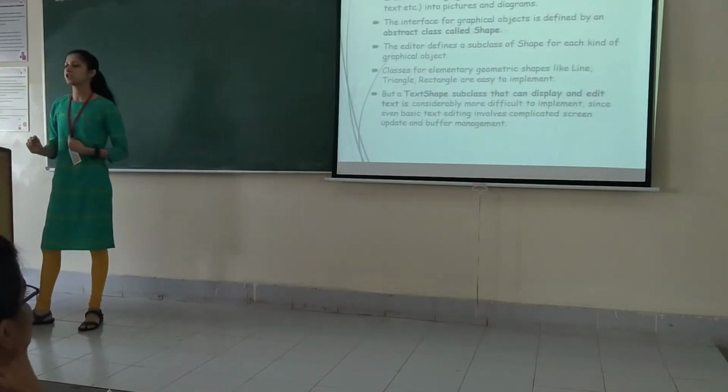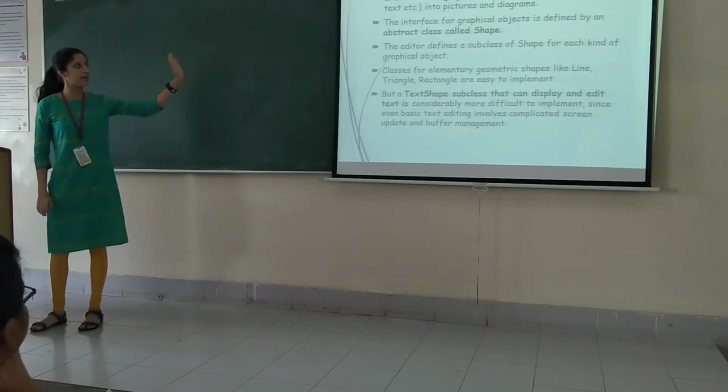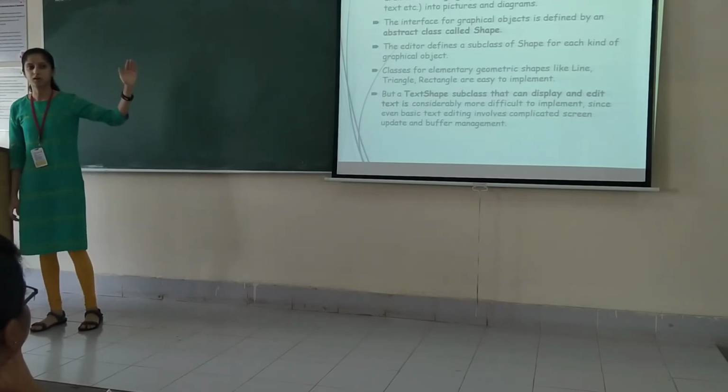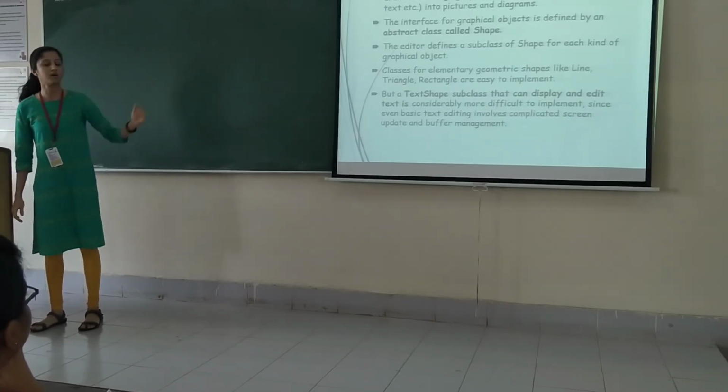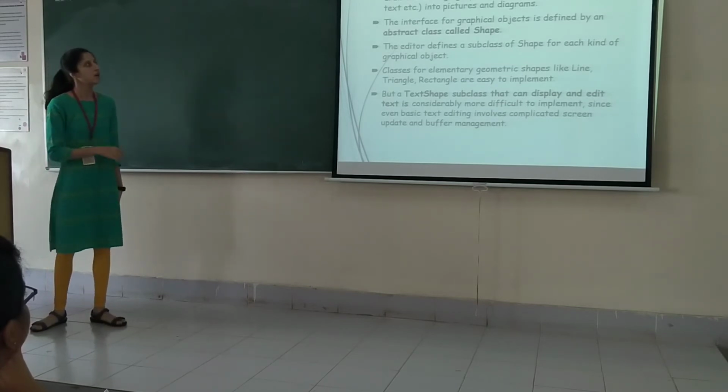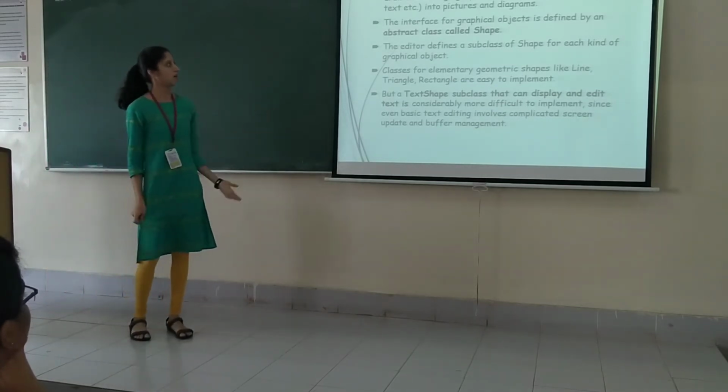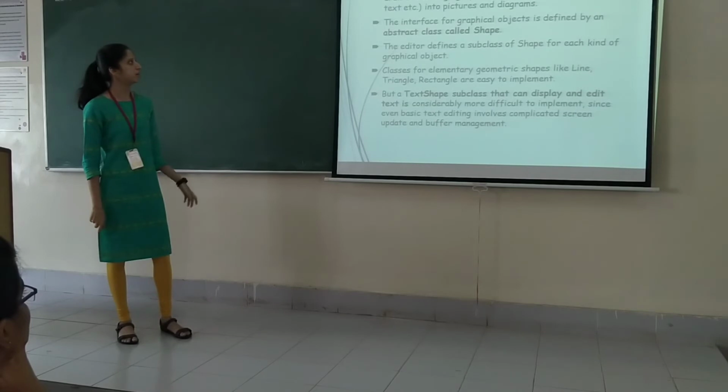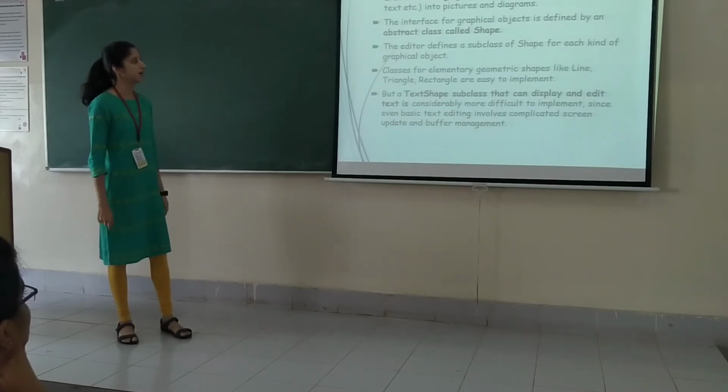Usually in motivation, you need to write one example, the problem faced in that example, and the solution for that. So they have already defined one example. Consider, for example, a drawing editor that lets users draw and arrange graphical elements into pictures and diagrams.